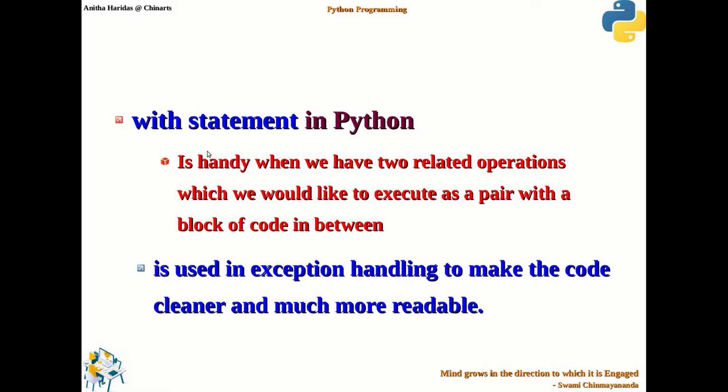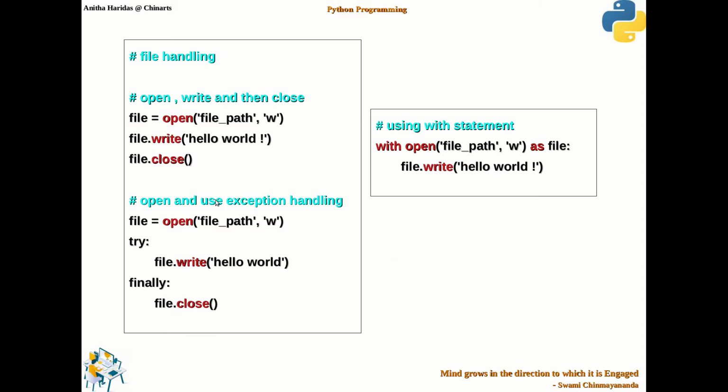The with statement is very handy because whenever you want to perform an operation, you open it, then perform it, then close it. You often forget to close the file, obviously. So in those cases, we can go for the with statement. So observe this example. Without using the with statement, you open the file, you give some file path, and you open the file in the write mode, then you write something into the file, then you have to close the file.